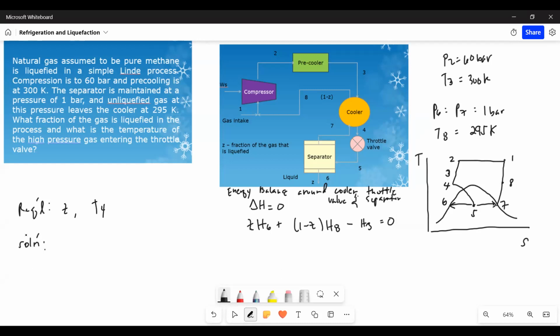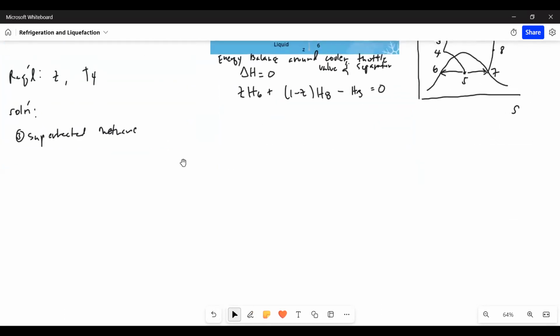First, let's consider point 3, superheated methane. At point 3, again, the temperature is given, T3, 300 Kelvin, and P3 equal to P2, 60 bars. So now we want to look at the properties of superheated methane.